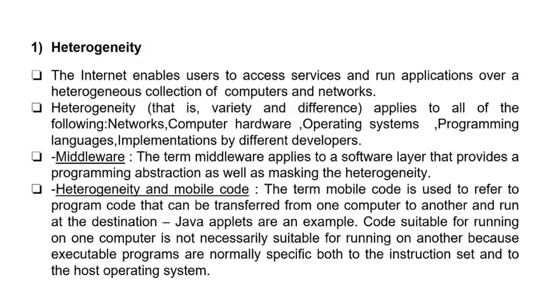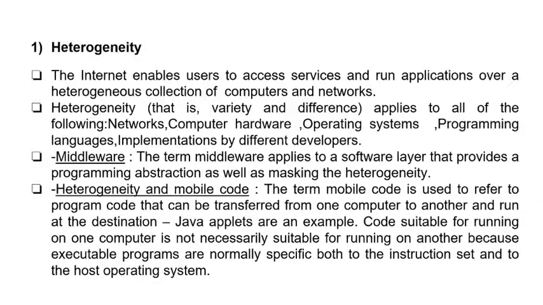The internet enables users to access services and run applications over a heterogeneous collection of computers and networks. As we have already seen, the internet is an example of a distributed system, and in such a case we are connecting a heterogeneous collection of systems together in order to perform tasks.